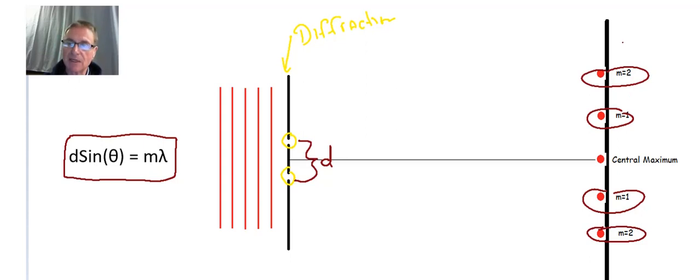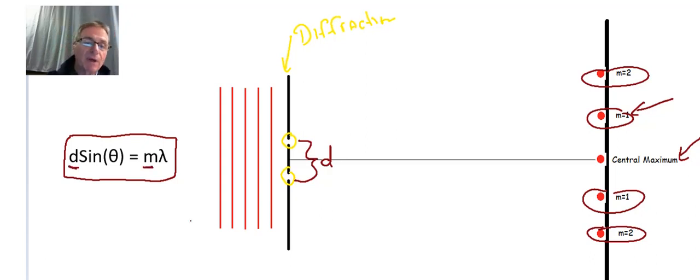We're going to restrict it to m equals 1 or m equals 2. And these dots can be on either side of this thing called a central maximum. Okay, so that's the m. m is simply the fringe number or the dot that you see on either side of the central maximum. All right, so that's the variable d. All right, that's the letter m.